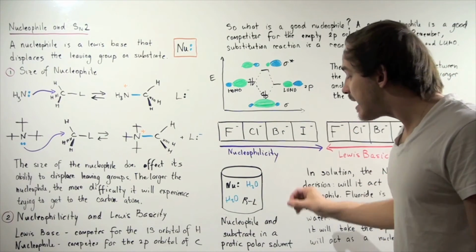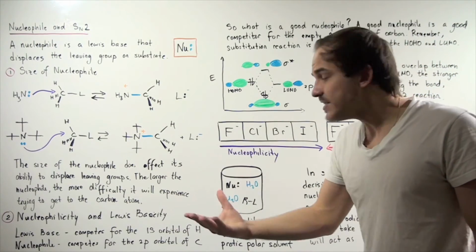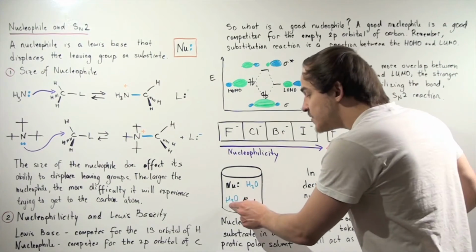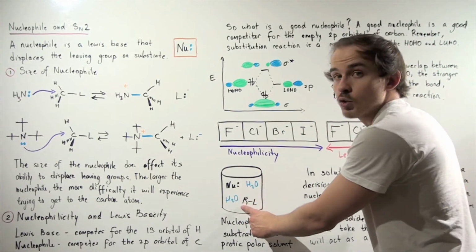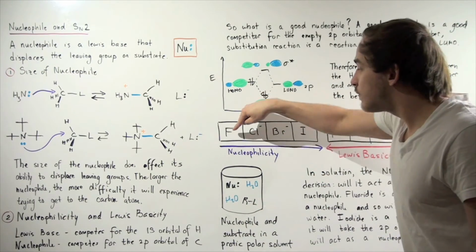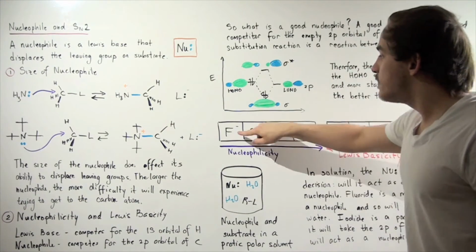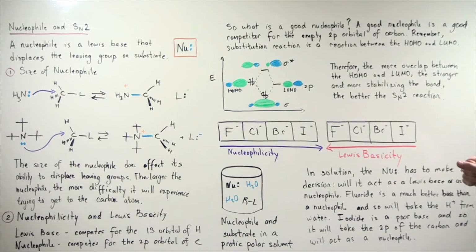And because we have a protic polar solvent, a solvent that contains an H atom, this fluoride will take away that H atom more likely than it will attack this R group, attack this R, displacing the L. So when we place fluoride into solution, the fluoride will not be a good nucleophile because it's going to be a good Lewis base.